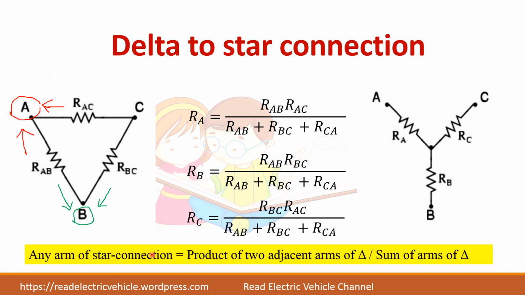So any arm of a star connection is equal to the product of the 2 adjacent arms of delta divided by the sum of the arms of delta. So remember both formulas. Using this you can reduce any complicated network to a simple circuit. You can find the total equivalent resistance across any 2 terminals using this formula.